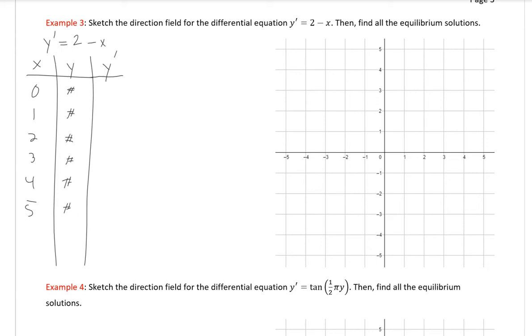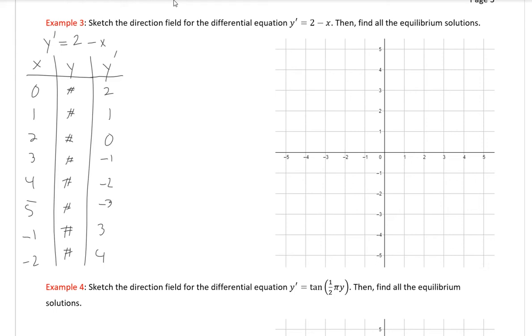If I plug in 0, I get 2 minus 0 is 2. 2 minus 1 is 1. 2 minus 2 is 0. 2 minus 3 is -1. 2 minus 4 is -2 and -3. And I can also do the same thing for x's -1 and -2. 2 minus -1 is 3. 2 minus -2 is 4. And it doesn't actually matter at all what y is, because y is not part of that equation at all.